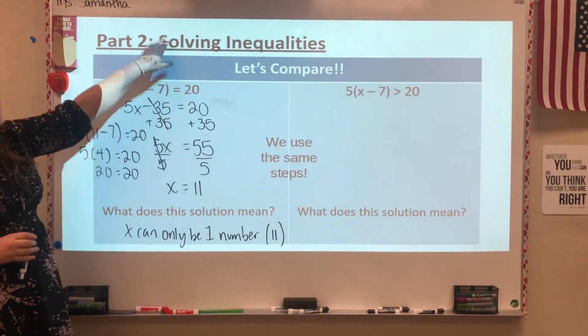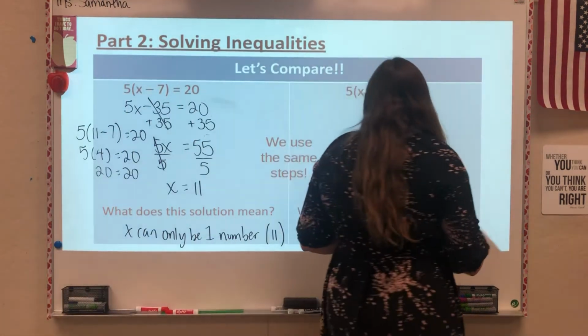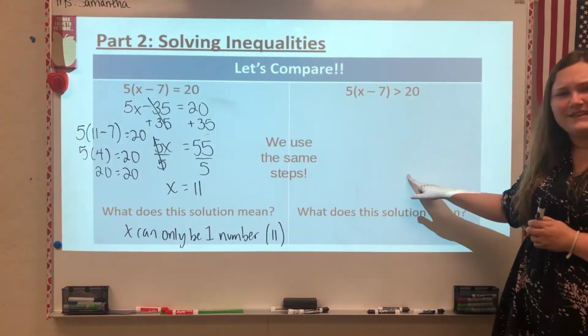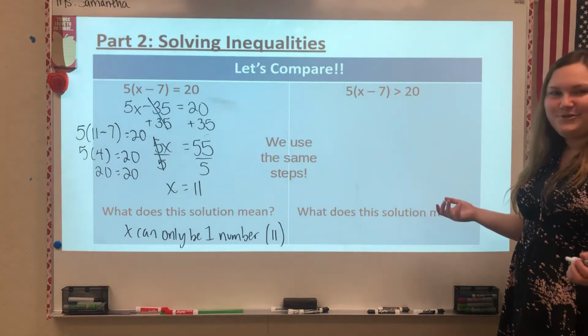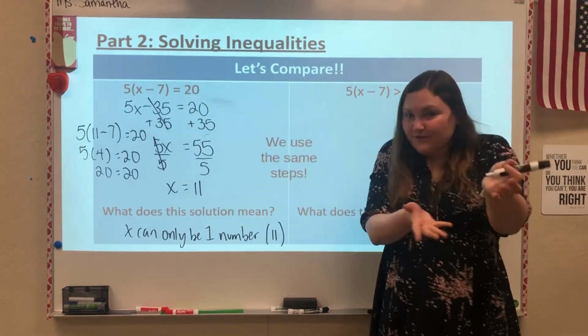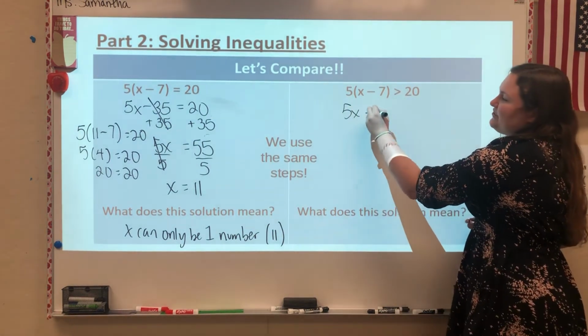Now we said in this part we're focusing on solving inequalities. I know you haven't seen it yet, at least with me. Go ahead and try solving this inequality. Well, I asked you to try because it's going to use the exact same steps as your equations, which you already know how to do. Just like the equation, we would start by distributing that 5.